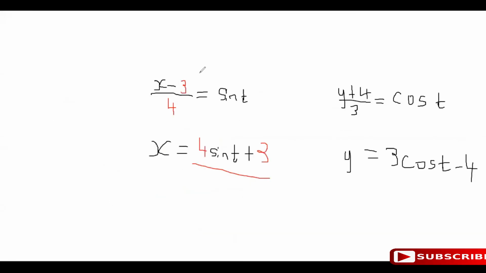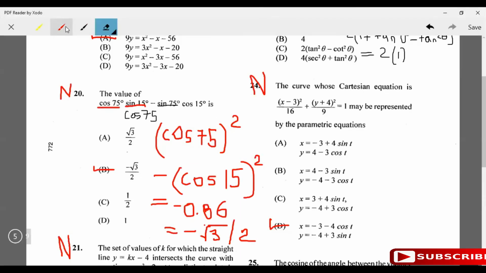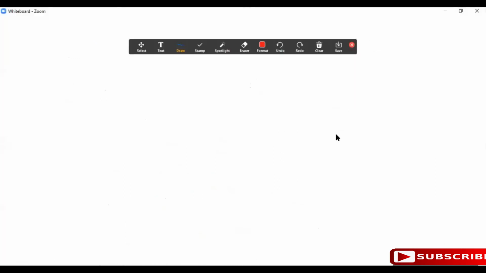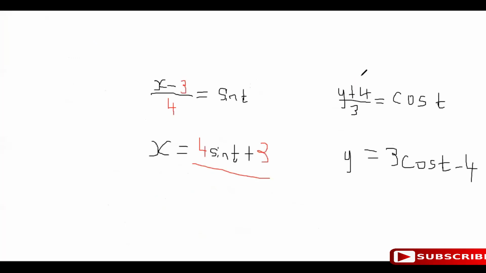So 3 plus 4 sine t is option C right here. 3 plus 4 sine t, and then minus 4 plus 3 cos t.